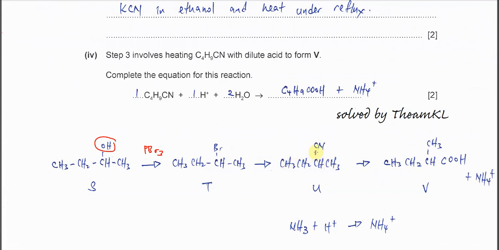Okay, then the last step, we know that this nitrile will undergo hydrolysis. Here, the CN triple bond breaks. This carbon will form COOH. This nitrogen will form ammonia.